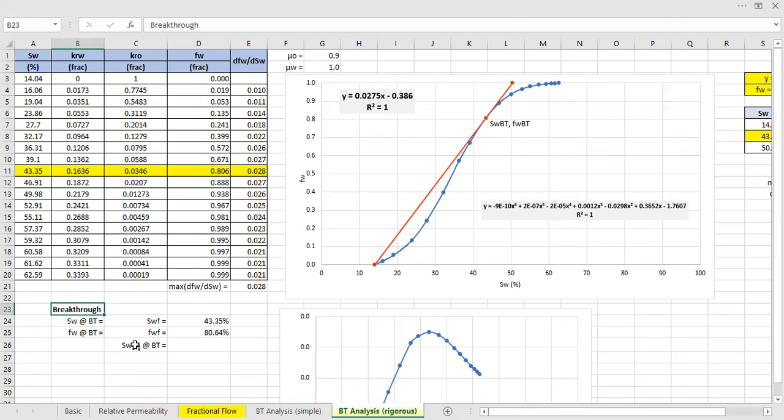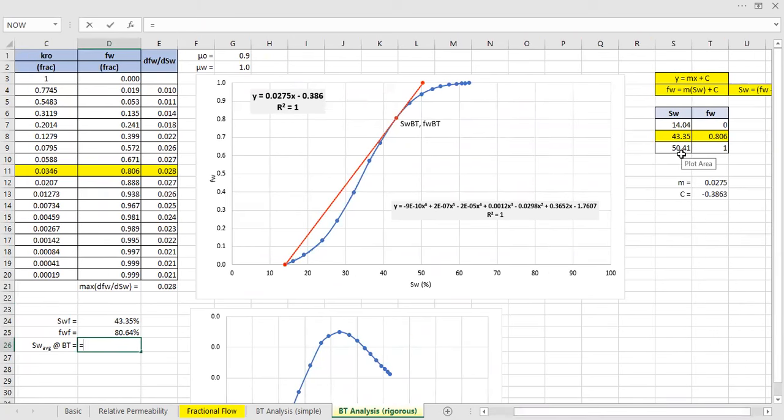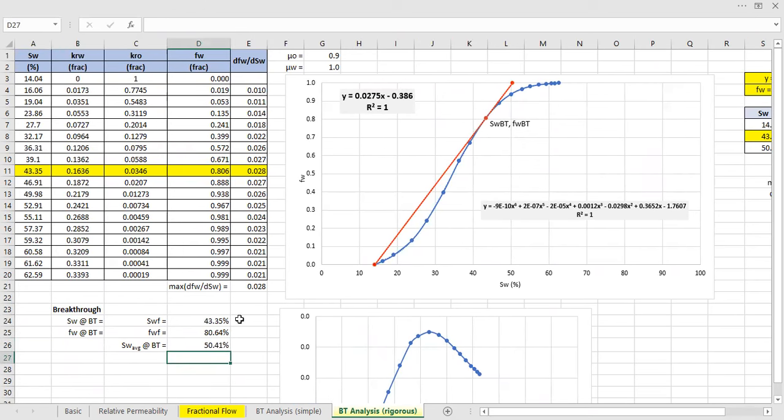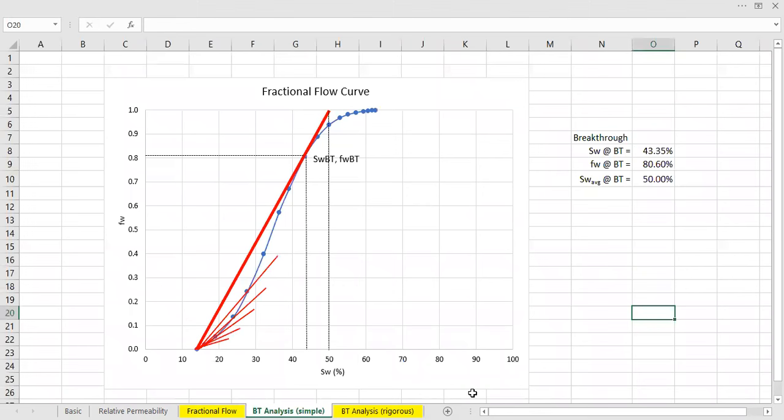And the average water saturation behind the front at breakthrough is 50.41%. This is the result of the rigorous approach using derivative and the line equation, and this is the simple approach: you just draw a line and make a rough reading based on the chart.